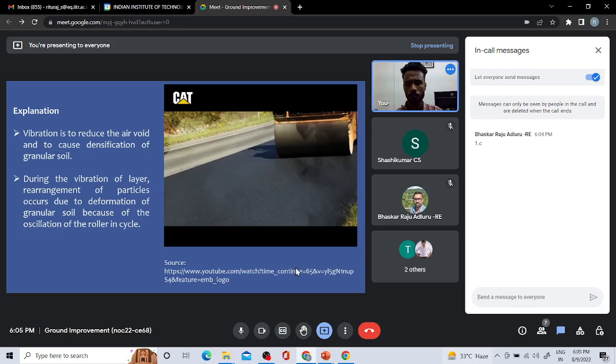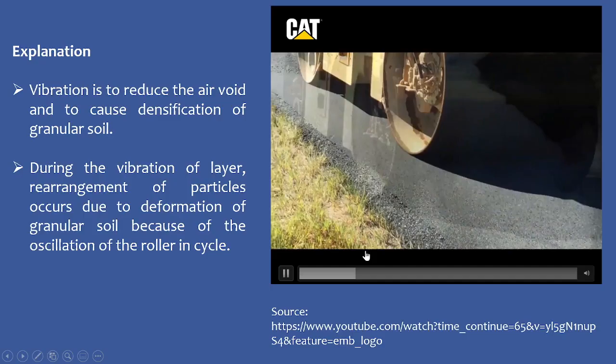So here is a roller working upon a pavement.